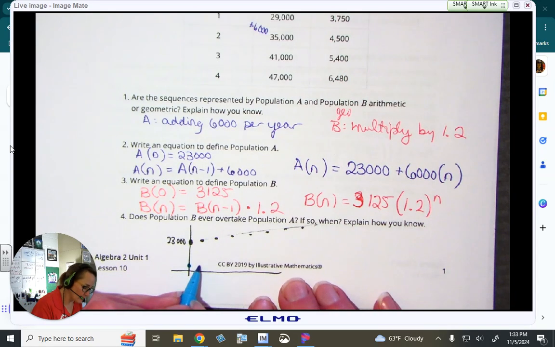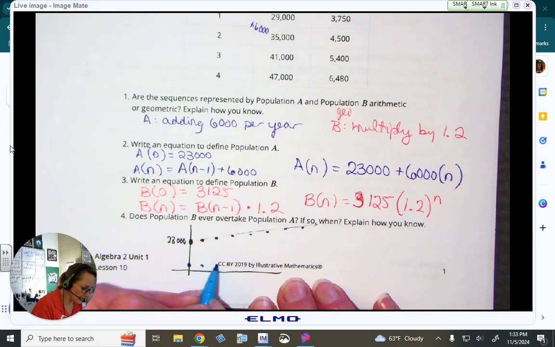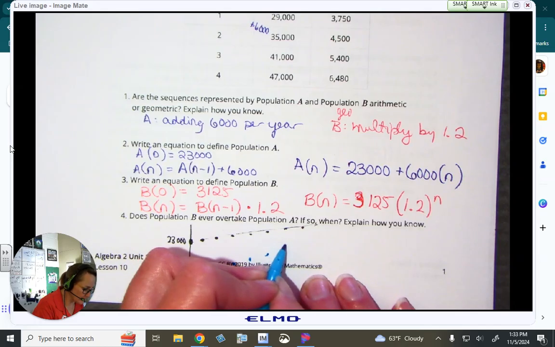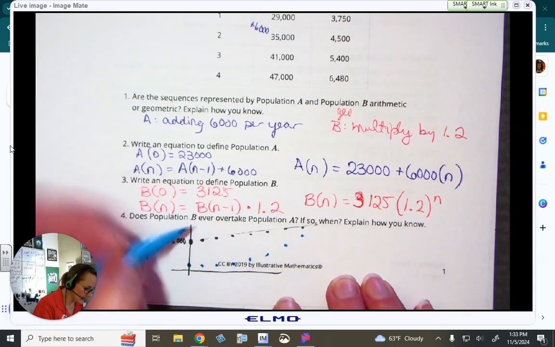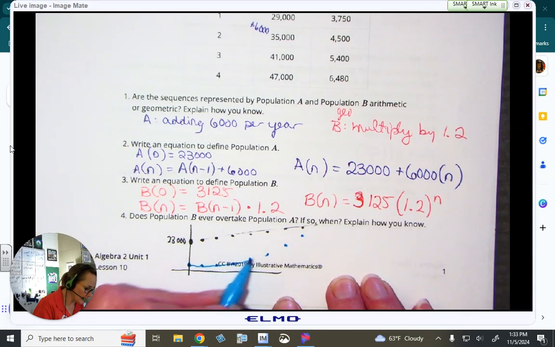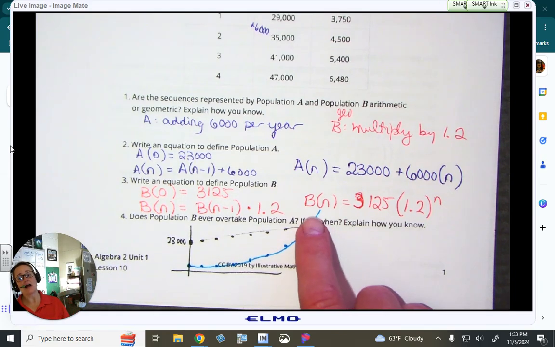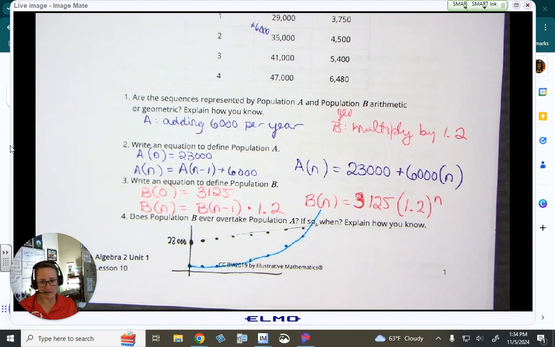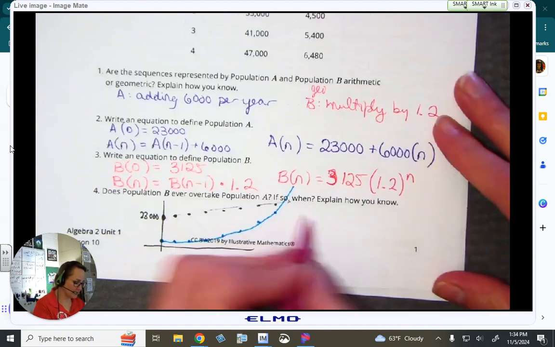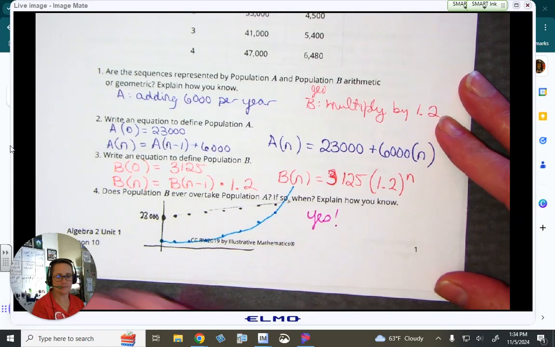But remember that if it's growing exponentially, exponential growth means it's going to start catching up here, and it is going to eventually get higher population than A. So I'm going to say yes.